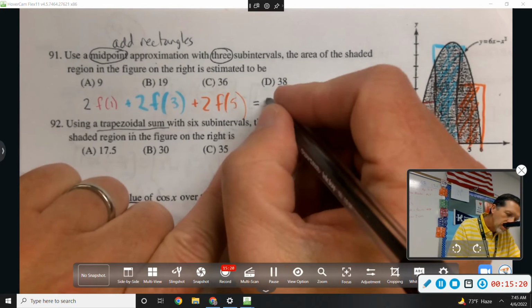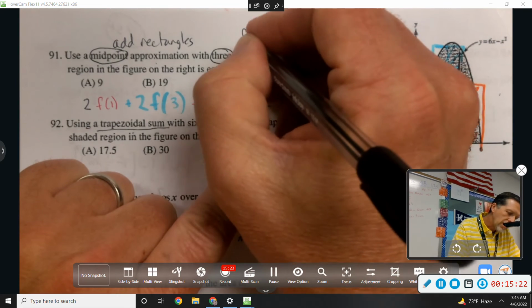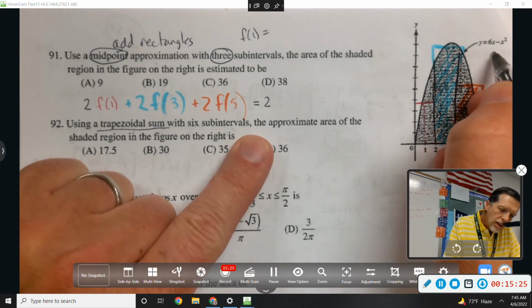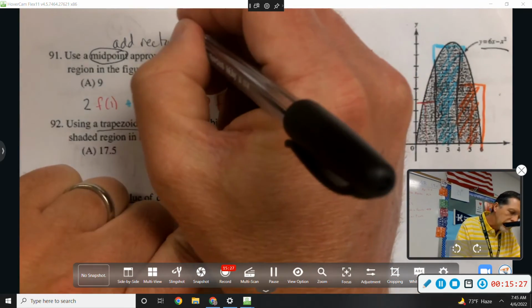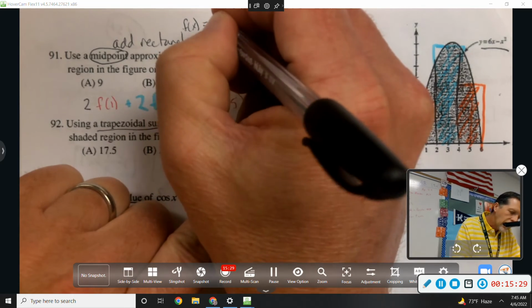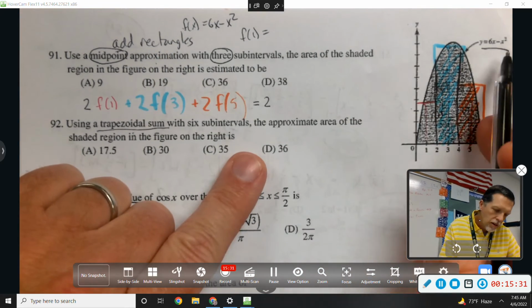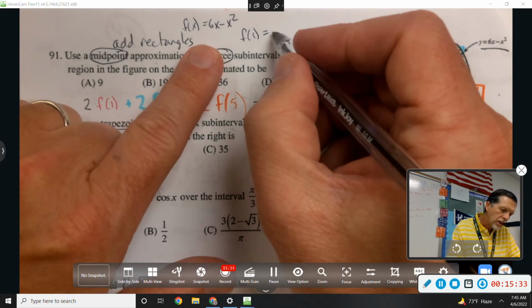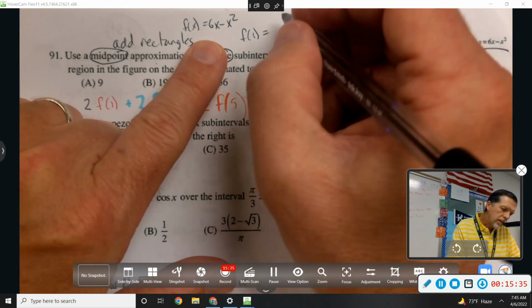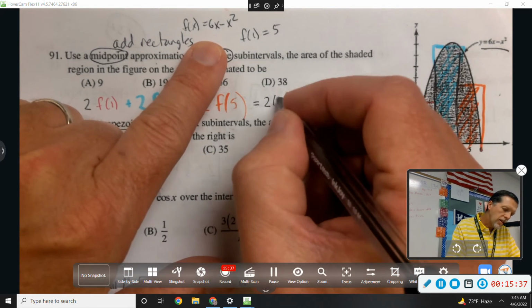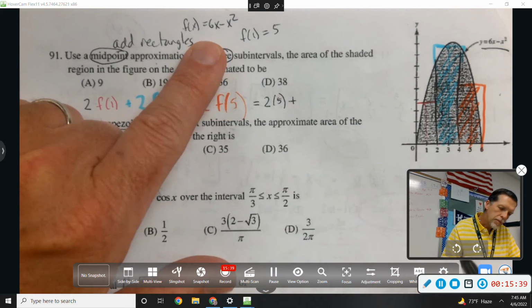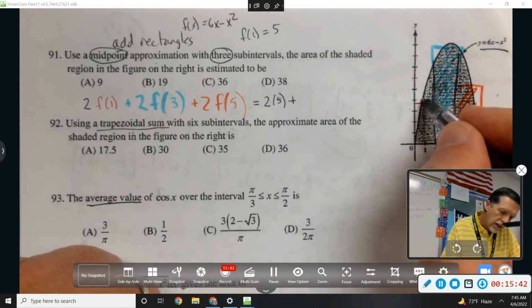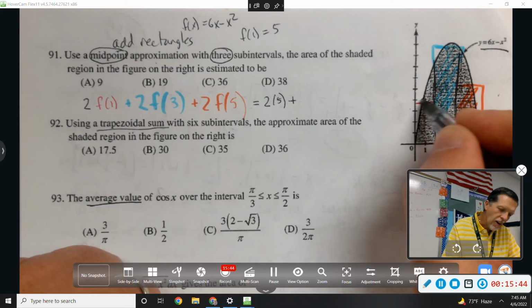So 2 times f of 1, let's see, f of x is 6x minus x squared. So if I plug in 1, 6 minus 1 is 5. It helps that I can have a graph to sort of verify that.